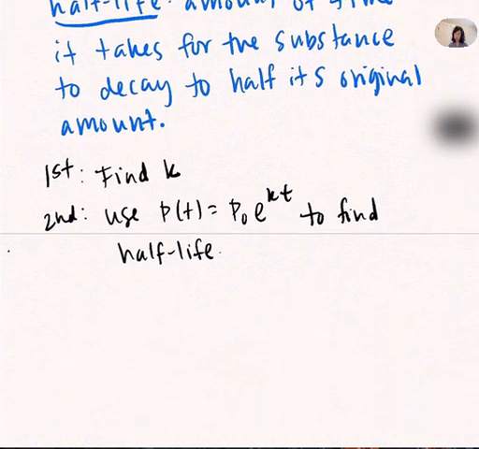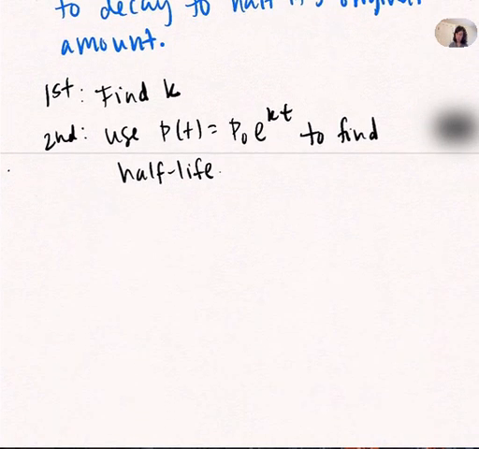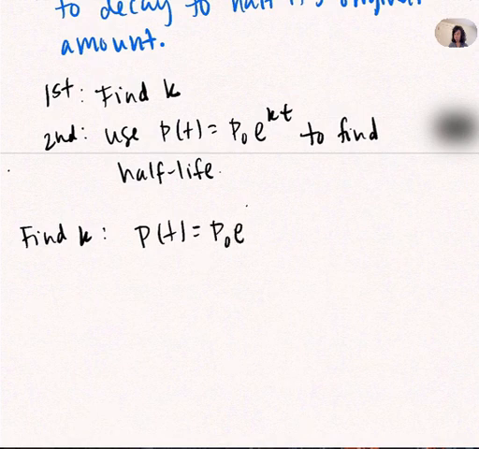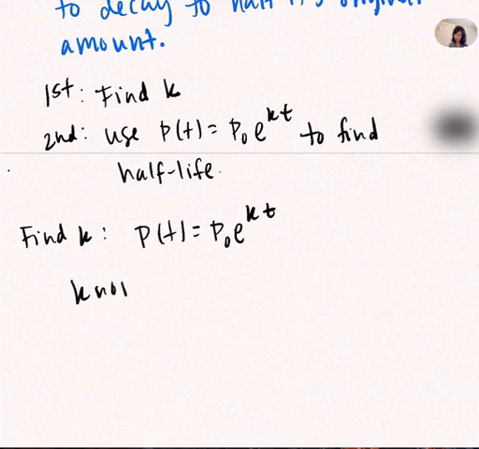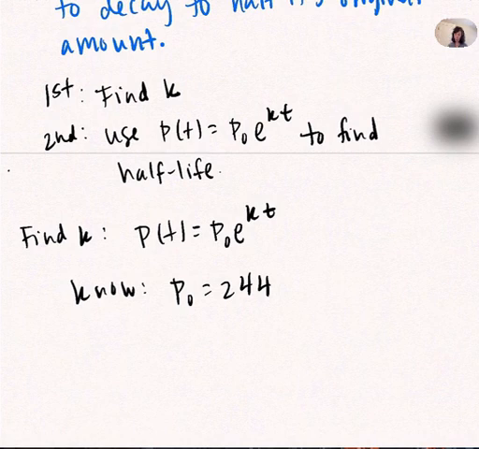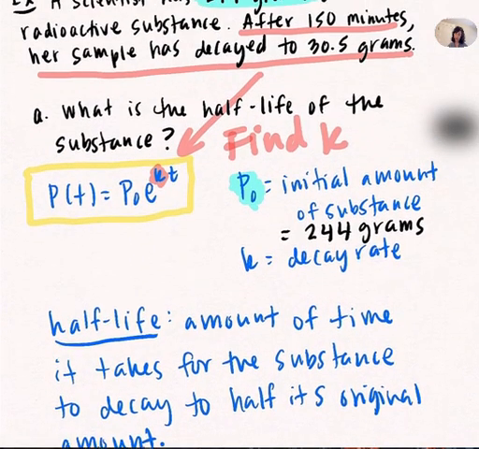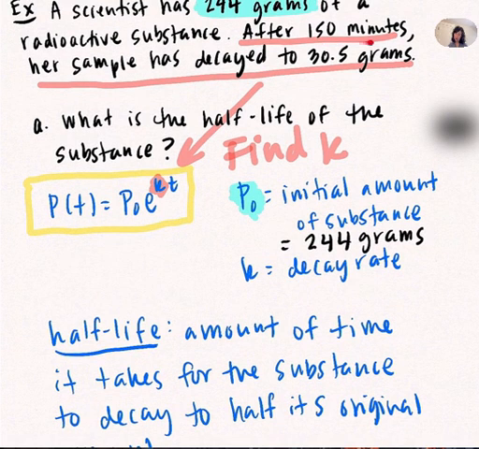Okay, so we have this general equation for the decay of a radioactive substance, P naught e to the KT. And we know that P naught is equal to 244. We were given that. We also know that after 150 minutes, the sample decays to 30.5 grams.